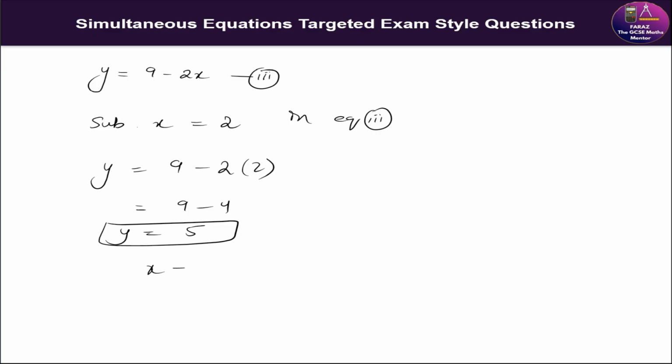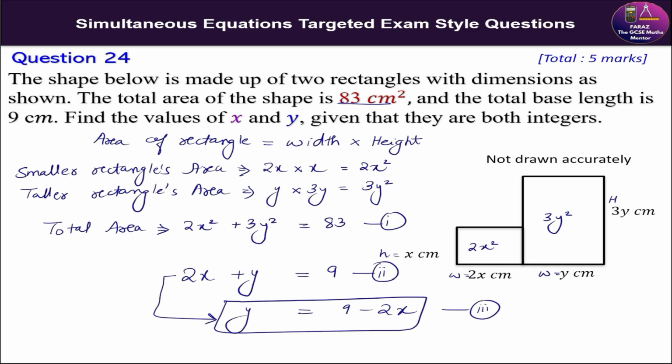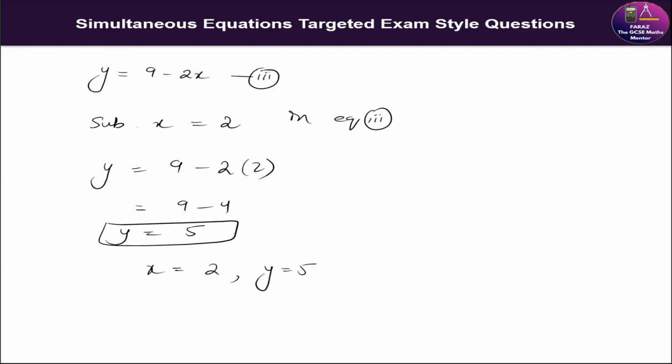So x equals to 2 and y equals to 5. As only the integer values are allowed, that's why we can't substitute x as a fraction. You can see there, find the values of x and y given that they are both integers. So you can't substitute the x as 40 over 7 or 5.7. Nice and easy. X equals to 2, y equals to 5.